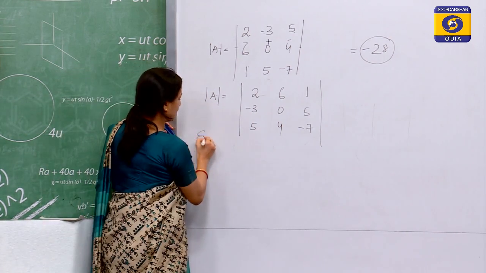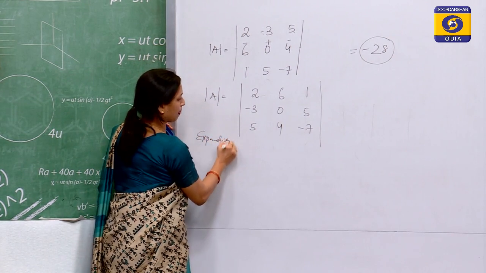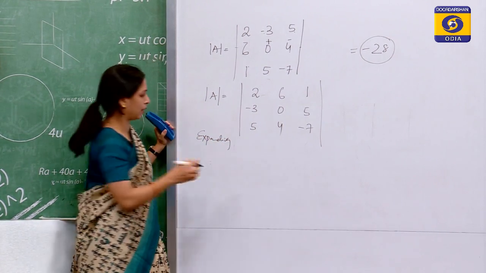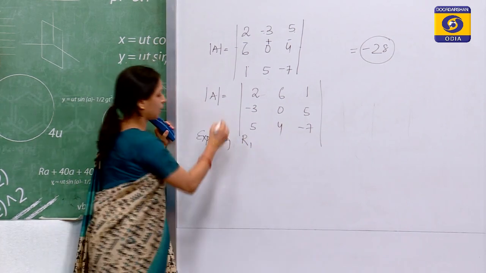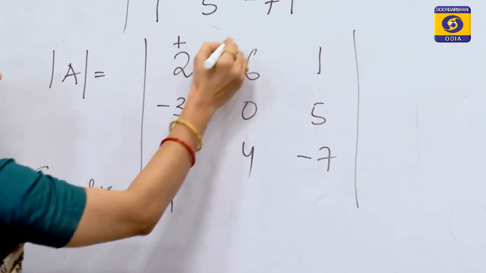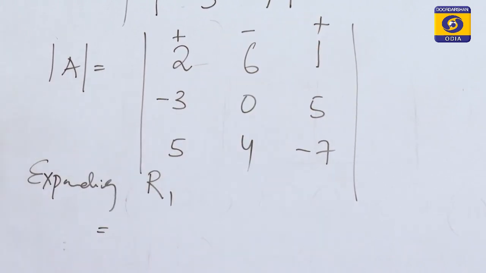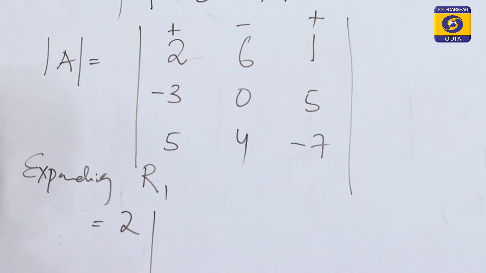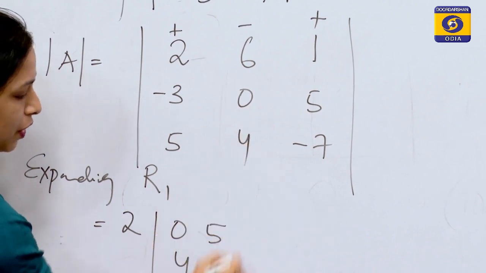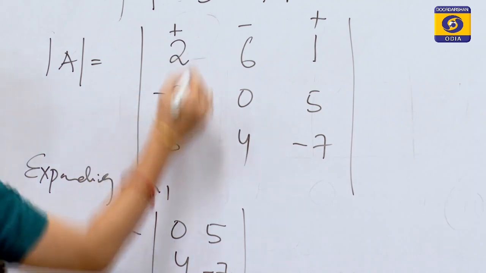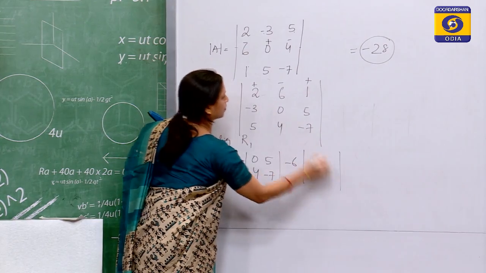Now, I am expanding, let us say, which one do you want? Let us say row 1. So, I am expanding row 1 and trying to find out the value of the determinant. So, the positional signs are plus, minus, plus, right. So, 2 again. We know this already, how to convert it to a second order determinant, minus 6.